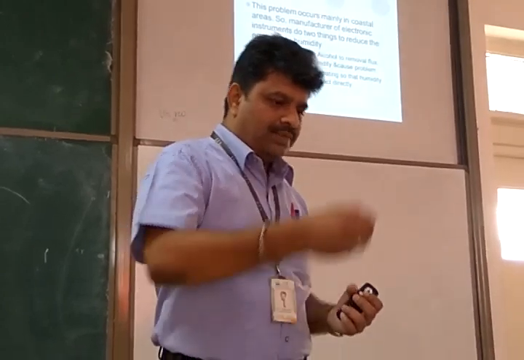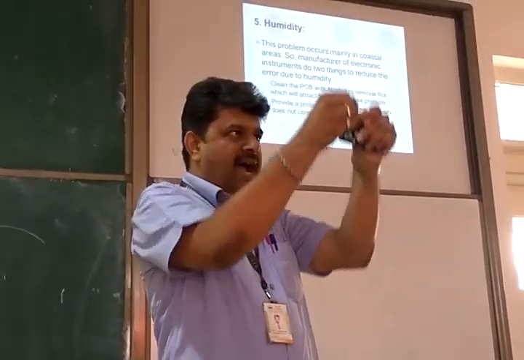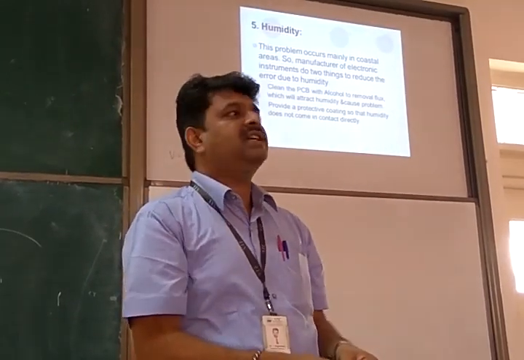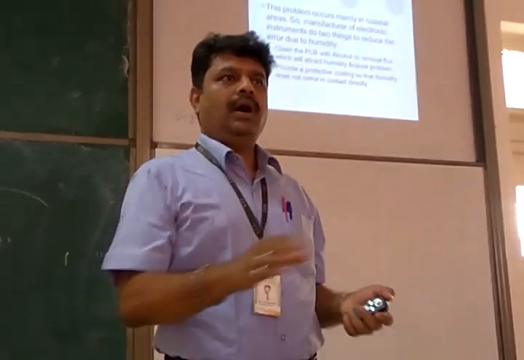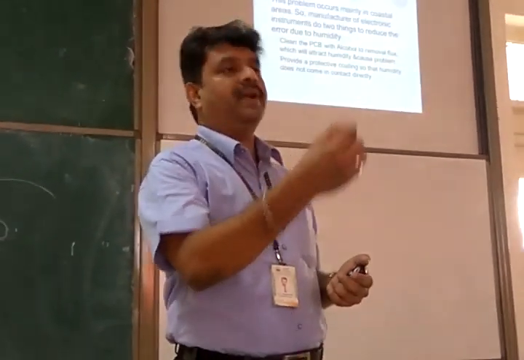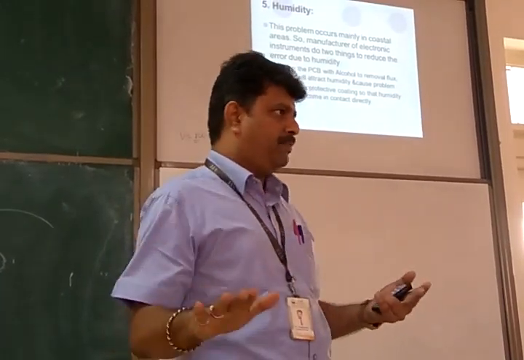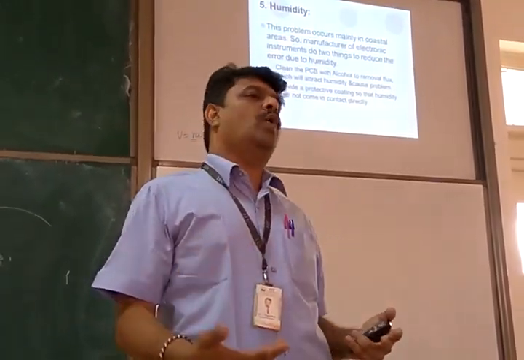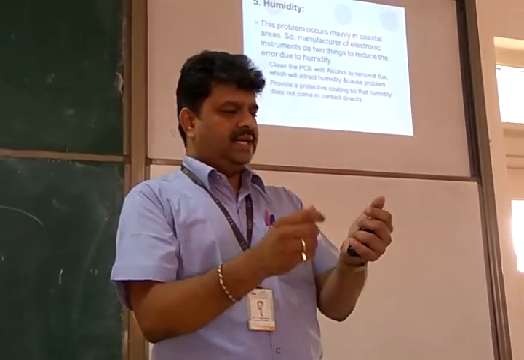PCB means printed circuit board. The tracks will be going close enough. Of course, the copper tracks will not be exposed to the atmosphere, as there will be a coating that completely protects. But sometimes if the coating is not good enough and flux is overhead, what happens?